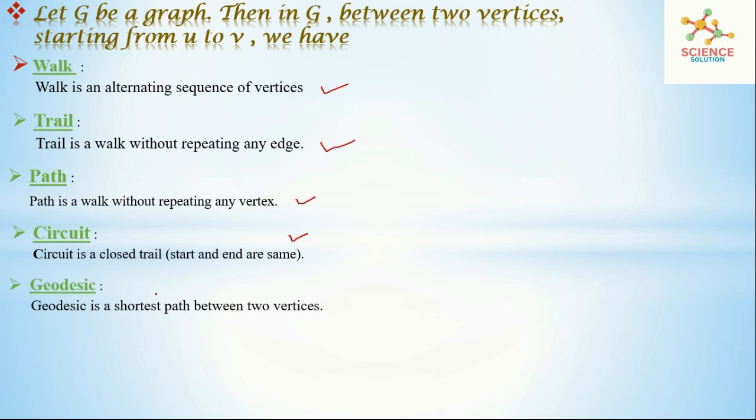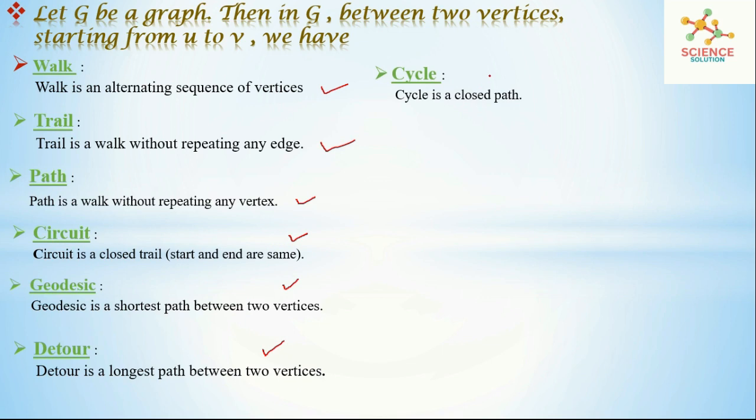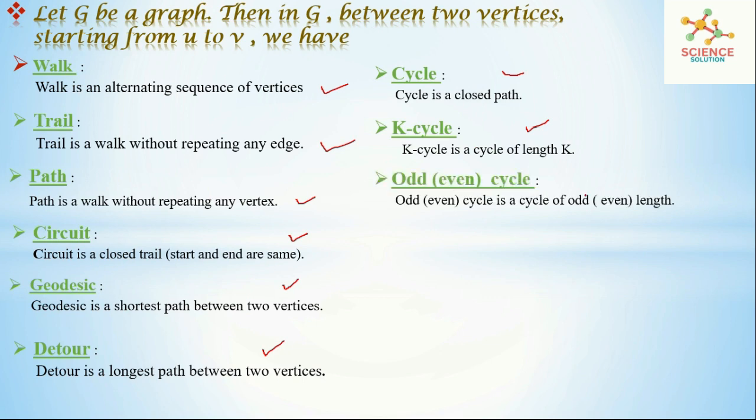Geodesic. A geodesic is a shortest path between two vertices. Detour. A detour is a longest path between two vertices. Cycle. A cycle is a closed path. K-cycle. A k-cycle is a cycle of length k. Odd or even cycle.